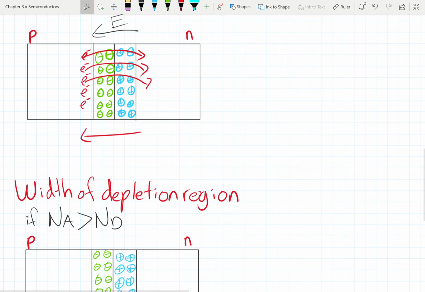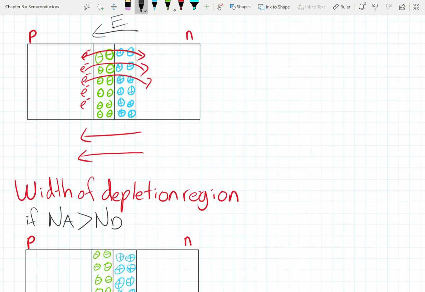That creates a drift current due to electrons in the opposite direction, because, as we've been saying, current by convention goes in the opposite direction to the electron flow. So there is a drift current going from right to left, due to electrons.